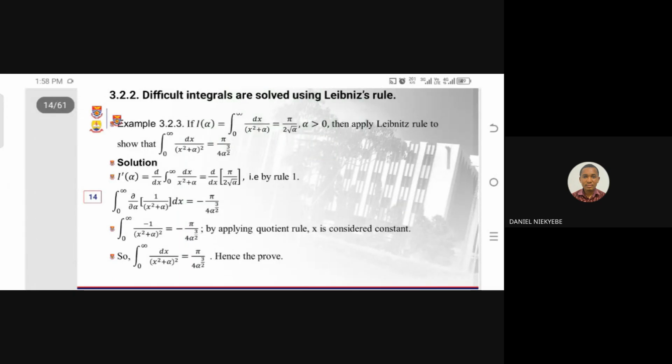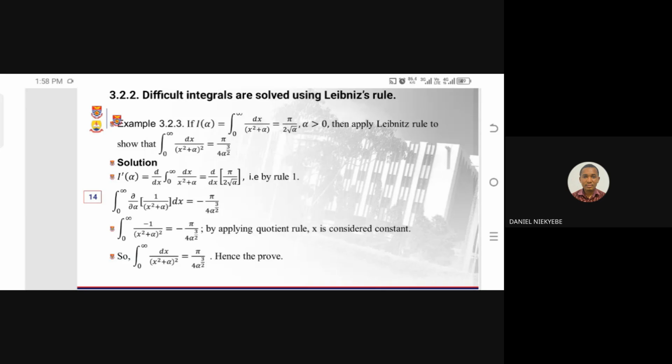If you differentiate root alpha, what do you get? Because this one we have pi over 2 root alpha, and we are doing the differentiation with respect to alpha. We can write pi over 2 root alpha as pi over 2 alpha to the power 1 over 2.